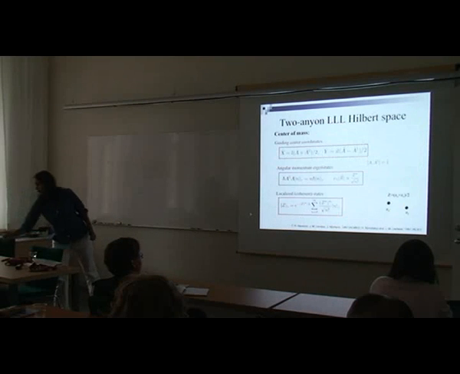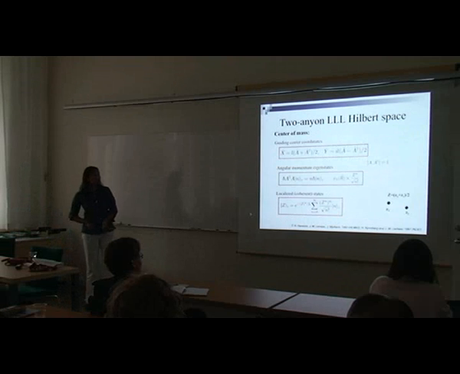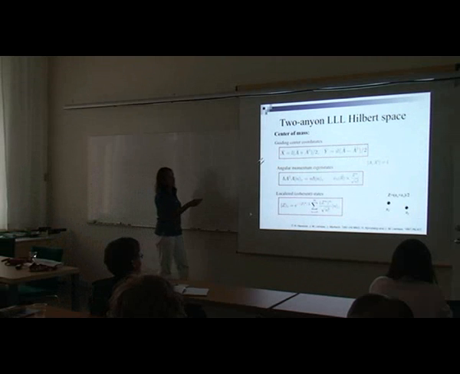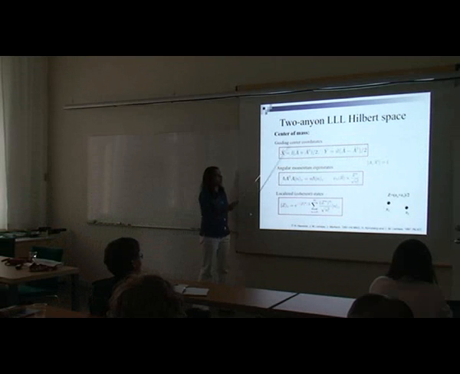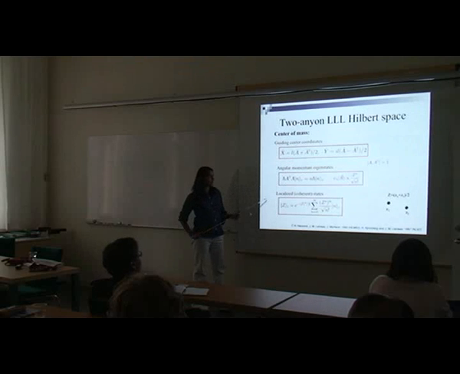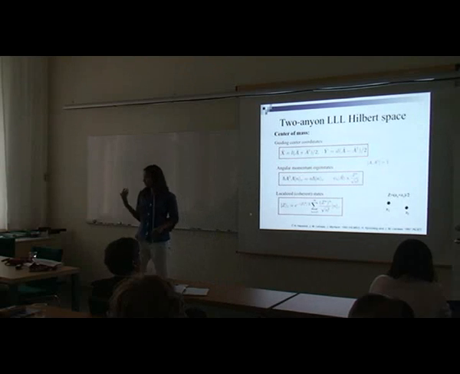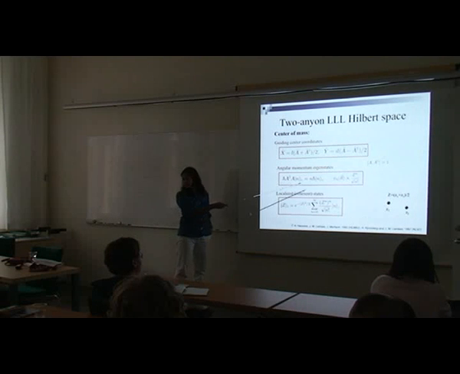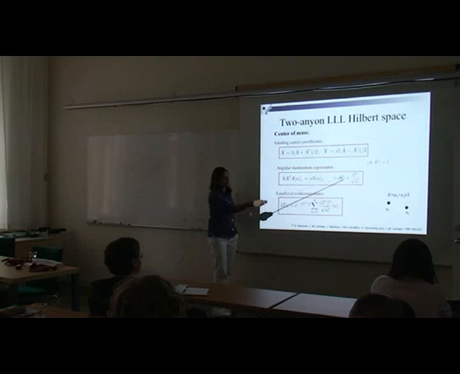So if you look at the Hilbert space for the center of mass, you can define your guiding center coordinates in terms of these raising and lowering operators. And then if you look at the Hilbert space, it's actually just spanned by usual eigenstates of the angular momentum. And then this is the position representation for each of these, well, it's proportional to it, for each of these angular momentum states.